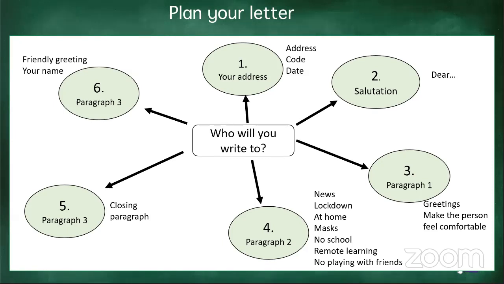So number 6 is the ending, which is your friendly greeting, your friend or your cousin or your loving granddaughter, your grandson, your daughter, or love you lot, something like that, and then your name. Okay, got that. Good. So we've planned our letter.